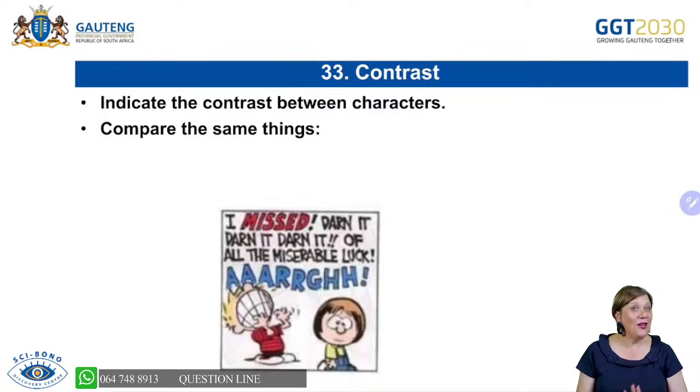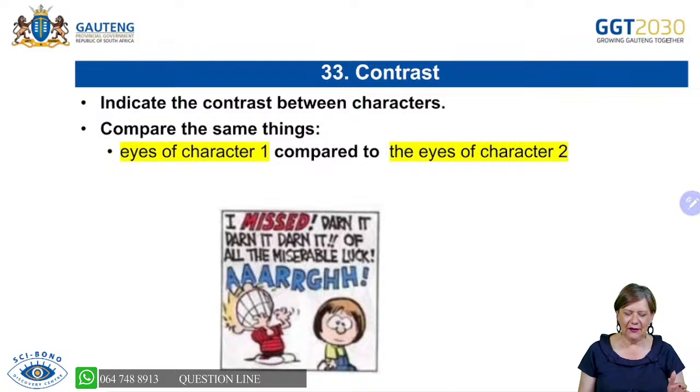Now, one of the questions we love asking you is to show contrast between characters. And when you ask this kind of question, I need you to remember that when we compare things, you need to compare apples with apples. You can't compare apples and lemons. And it's the same here. So what do I mean, compare the same thing?